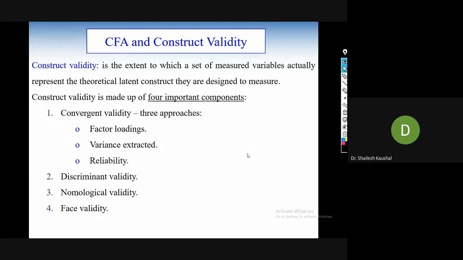Construct validity is made up of four important components. What are the four components? One is convergent validity, discriminant validity, nomological validity, face validity.